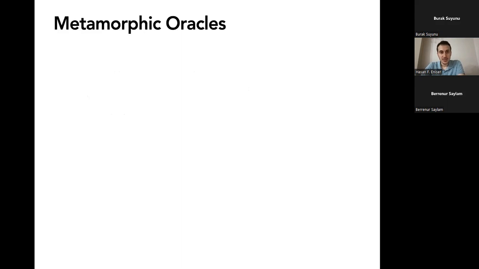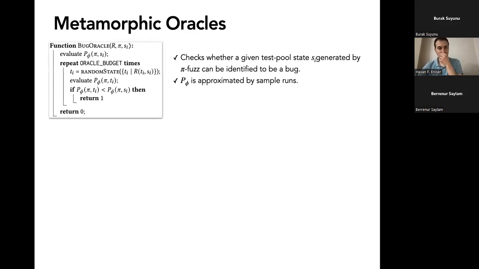Okay, let's continue. After these definitions, I gave you the idea of metamorphic oracles, but there are options to define different kinds of metamorphic oracles. We actually define several oracles. The first one is called the bug oracle. Let's begin with the inputs of the oracle.